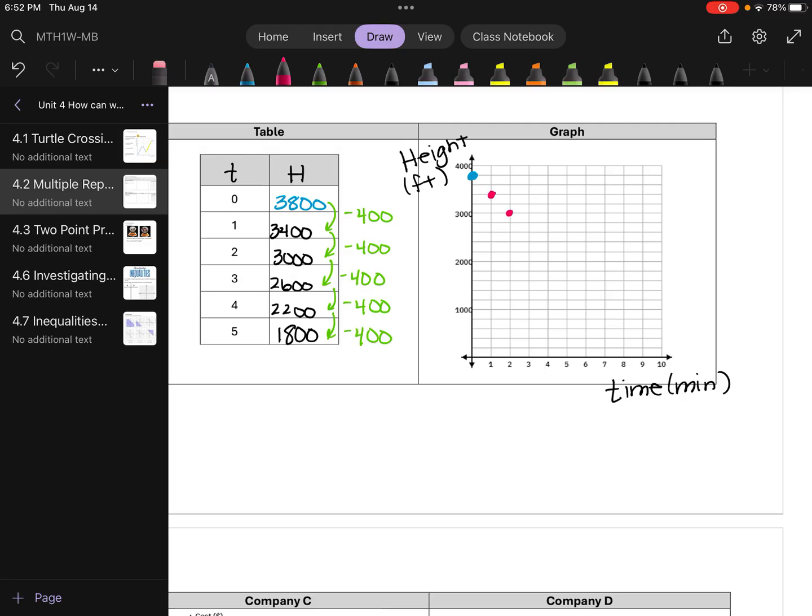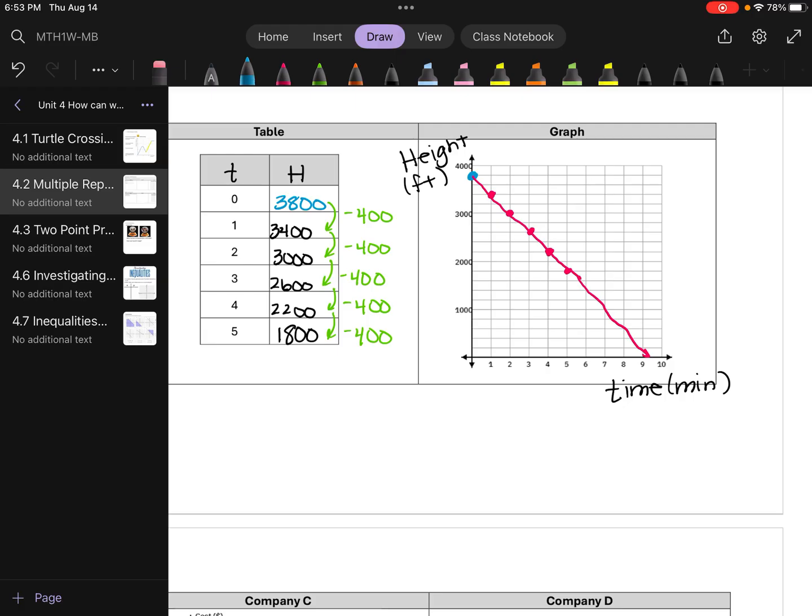We had 3,000. We had 2,600. We had 2,200. And we had 1,800. And then you're going to connect your points, hopefully using a ruler. I just did not have one.